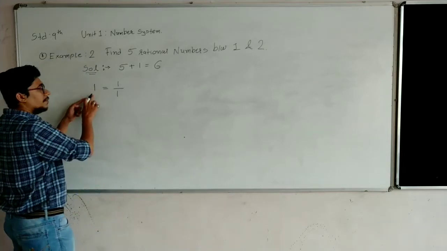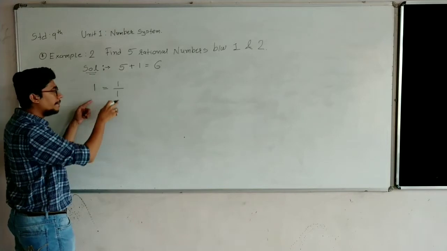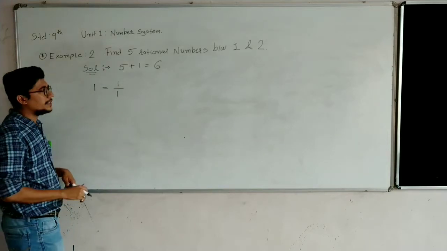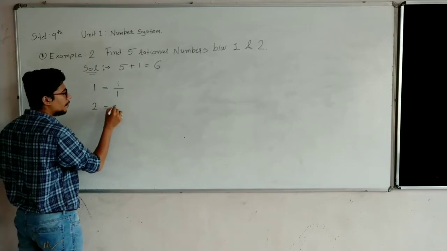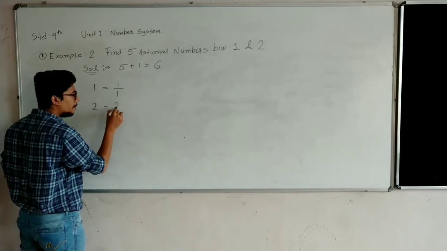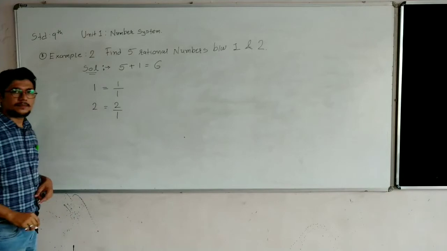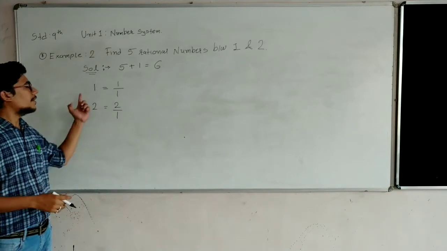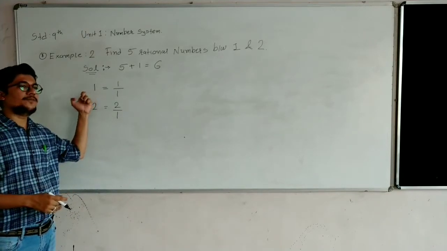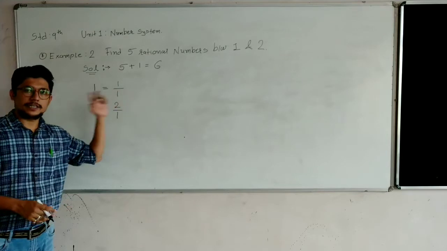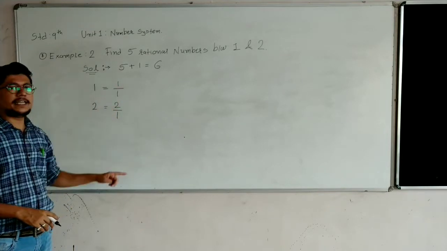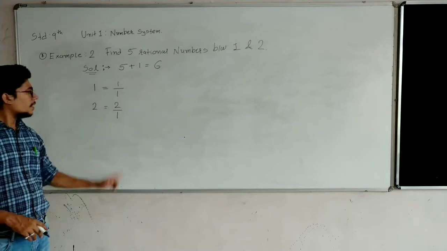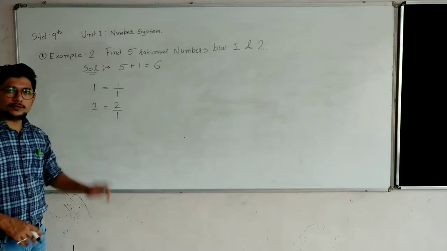Can I write 1 in the form of 1 by 1? Can I write 2 in the form of 2 upon 1? So I converted positive integers into rational numbers. It is correct because 1 multiplied by 1 is 1, and 2 times 1 is 2.